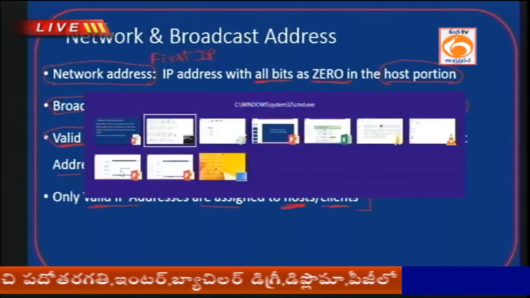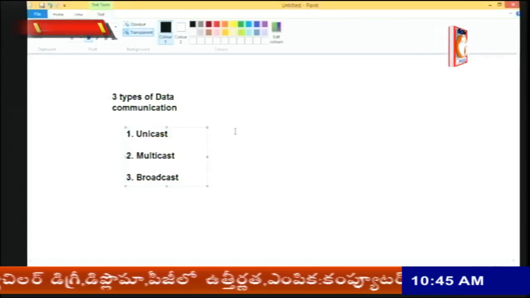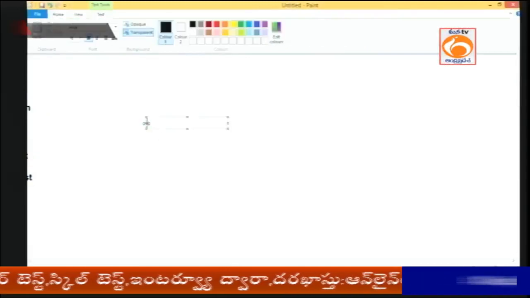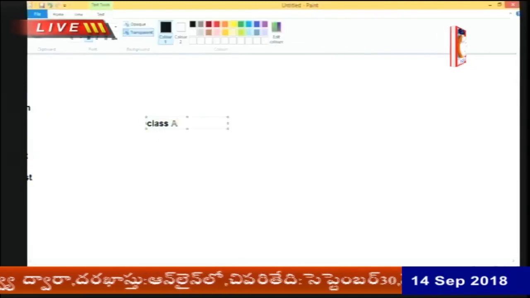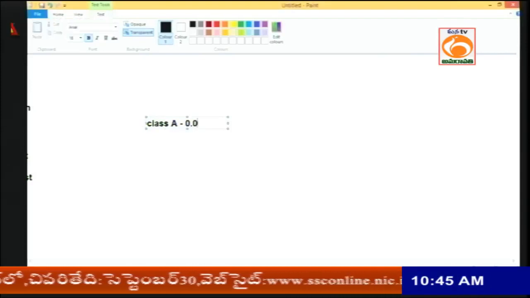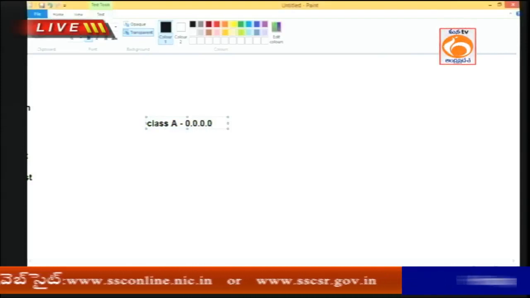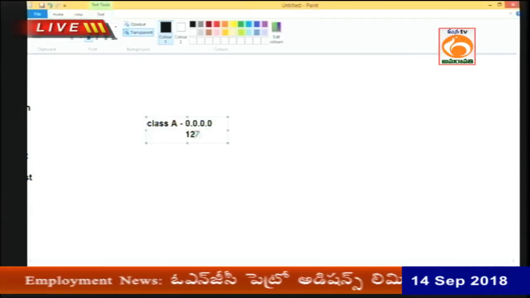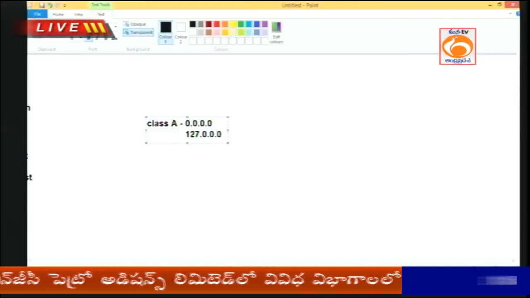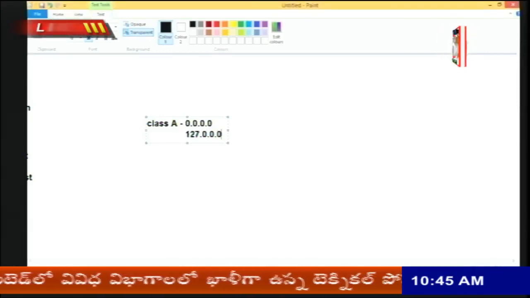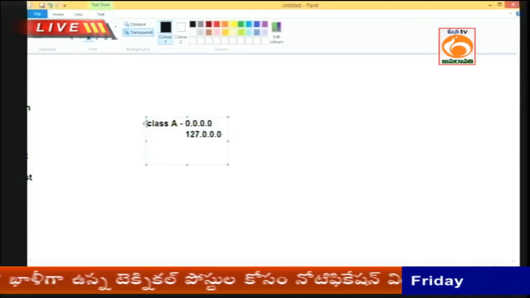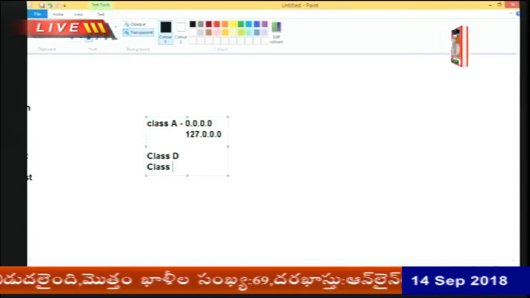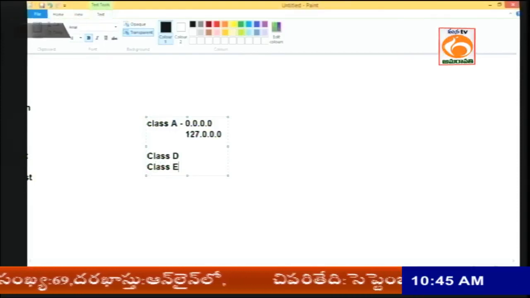The reserved IP addresses are in class A. In class A we have 0.0.0.0, the whole group, and 127.0.0.0. So these two addresses are reserved and cannot be used. And as we also discussed, class D and class E are reserved addresses, and we cannot use these addresses.